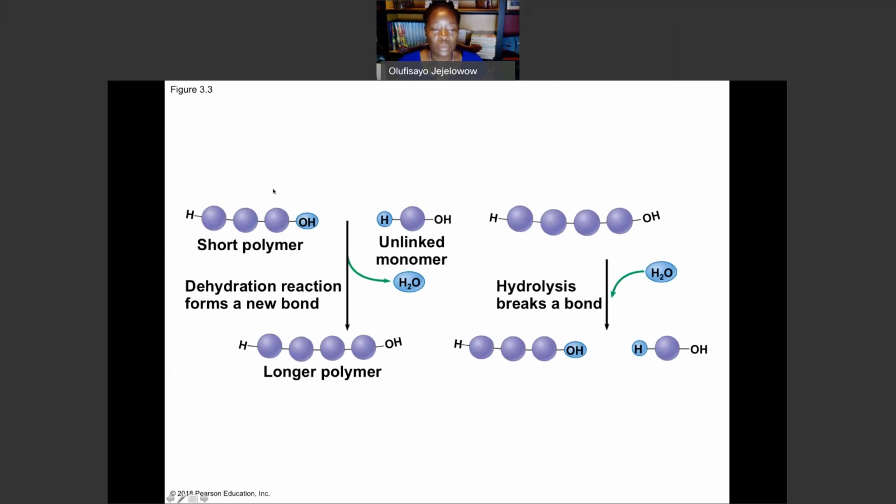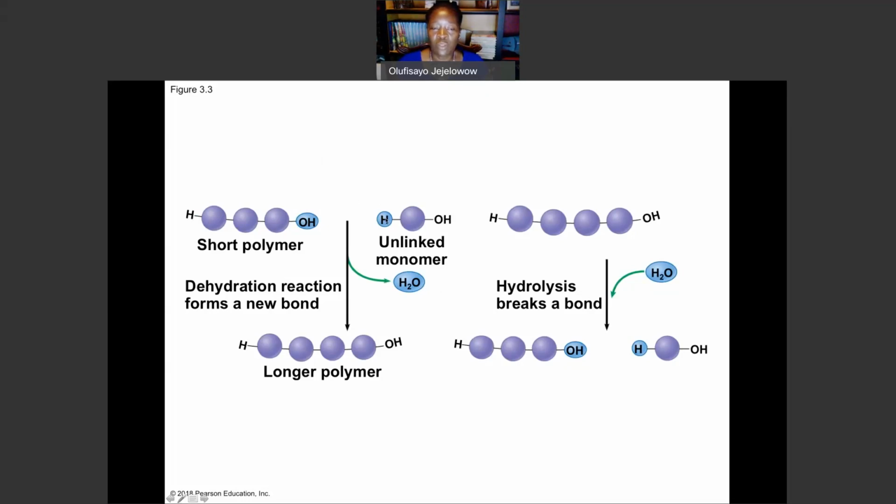These two monomers are going to join together. When they do so, the 3-carbon monomer is going to give its OH, and the 1-carbon monomer is going to give its H. These two combine and release water. This is where the name dehydration reaction comes from.